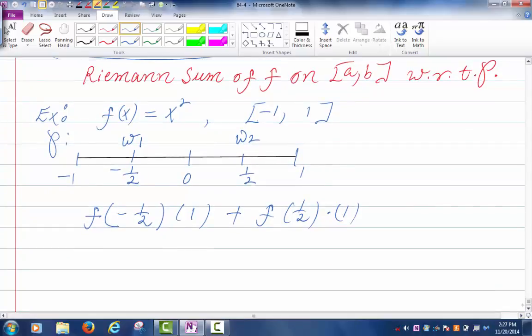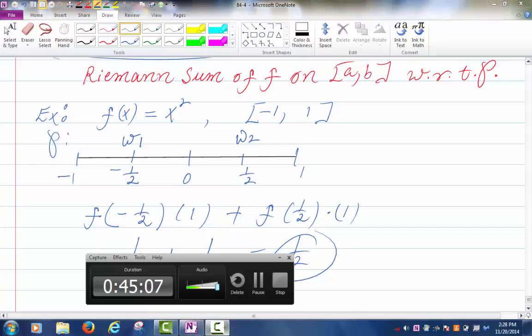What is f of negative half? That's 1/4 plus 1/4, which is half. So that's my Riemann sum for this function with respect to that partition. But of course, we want to pick bigger and bigger partitions. All right, so I'm going to stop right here.